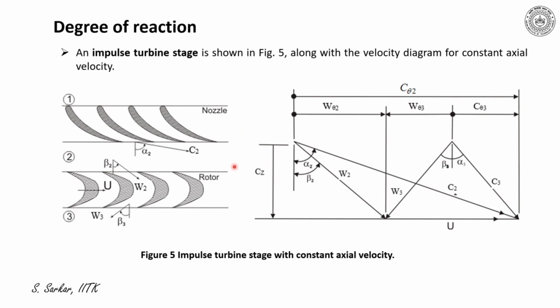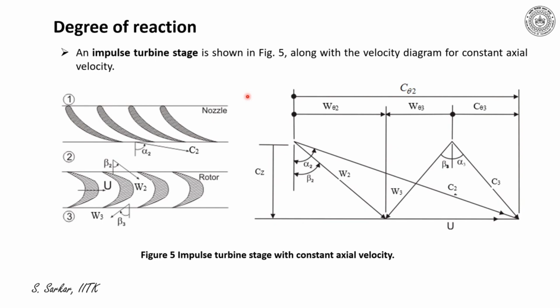Hence, with this, I have explained the velocity triangle of an impulse turbine, where the characteristics to be noted are that W2 and W3 are equal in magnitude, and thus beta 2 and beta 3.